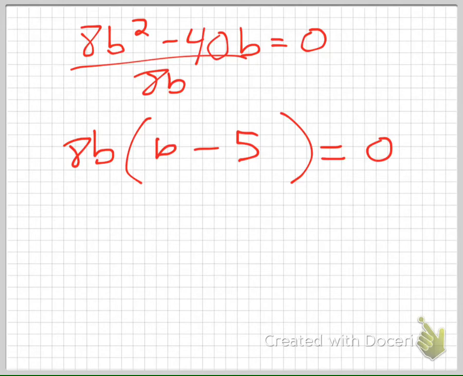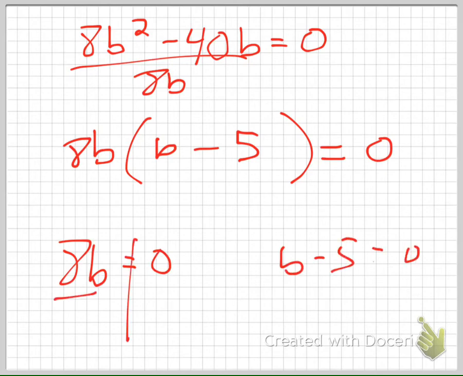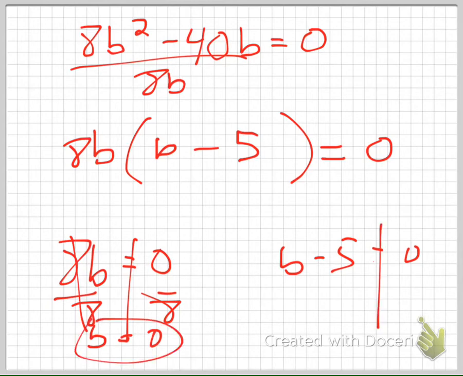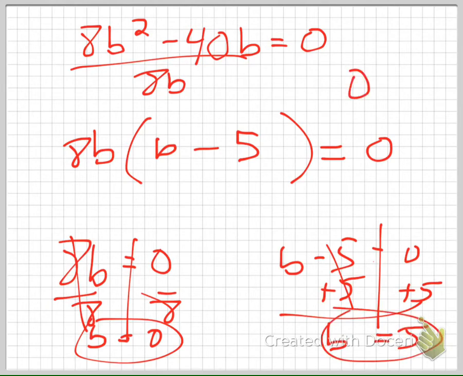You're just making it into something smaller, right? So now, what is b going to equal? 8b equals 0, and b minus 5 equals 0. This one, divided by 8, b equals 0. And then over here, plus 5, b equals 5. So there they are, 0 or 5.